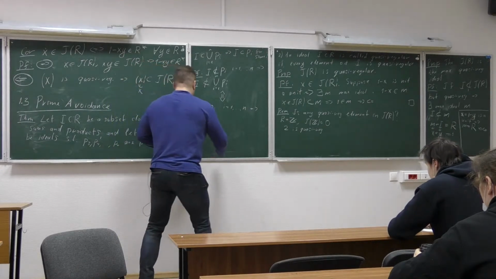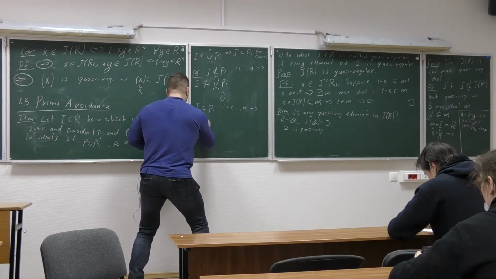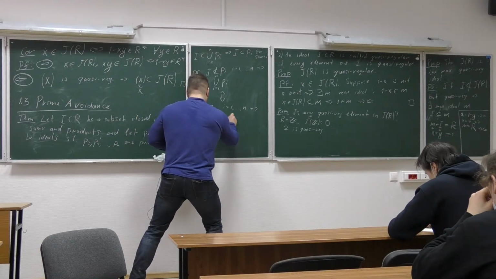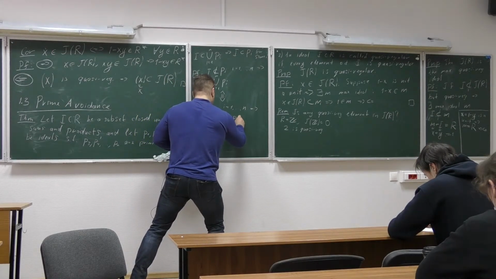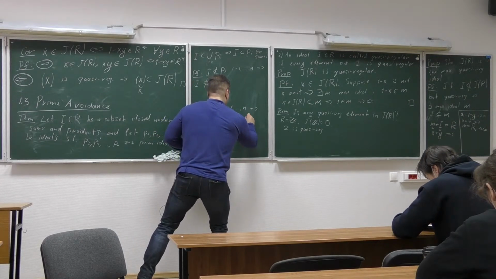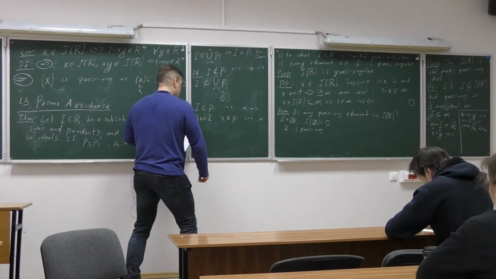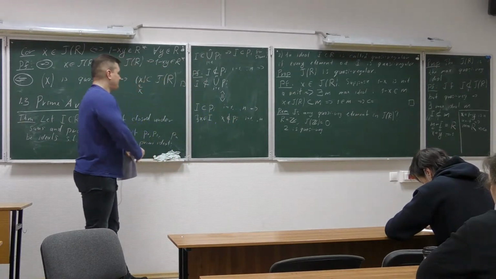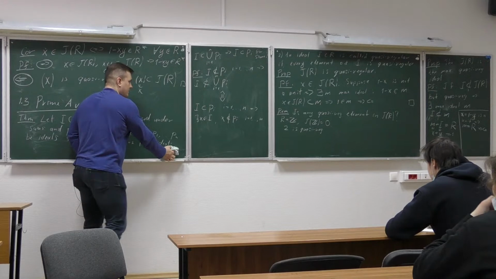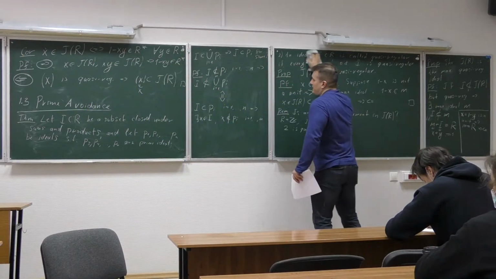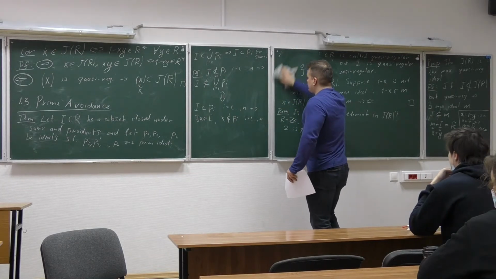It means explicitly that there is x which is in the ideal, but x is not in the P_i for i between 1 and n. Again, I think it's quite clear that the last implication is equivalent to the second implication.